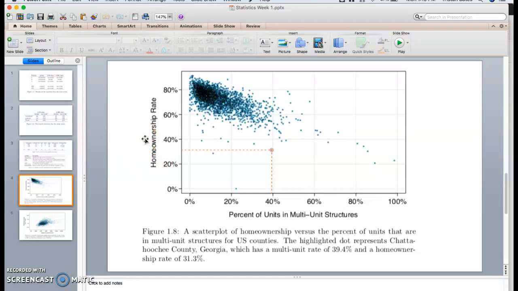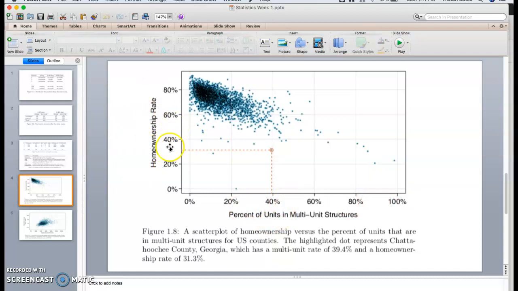So here, we'd say that they are associated, and then would have to answer the question, is there a dependent variable, right? Is one of those dependent on the other? In this case, it appears the home ownership rate depends on the percent of units in multi-unit structures, right? As this goes up, this one goes down.